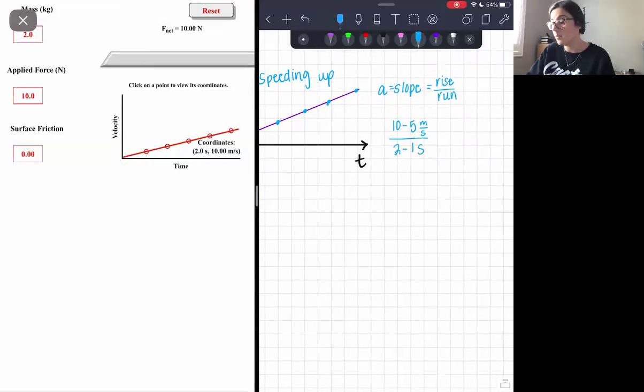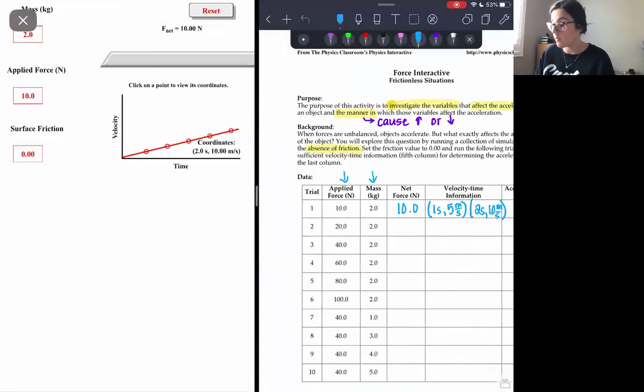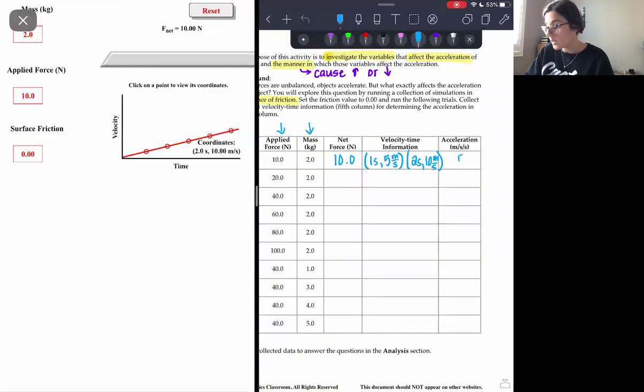So when I simplify this, 10 minus 5 is 5 meters per second, and 2 minus 1 is 1 second. So my acceleration is 5 meters per second every second, or in other words, this object is speeding up 5 meters per second each second. So in my table, I can write that down, 5 meters per second per second.